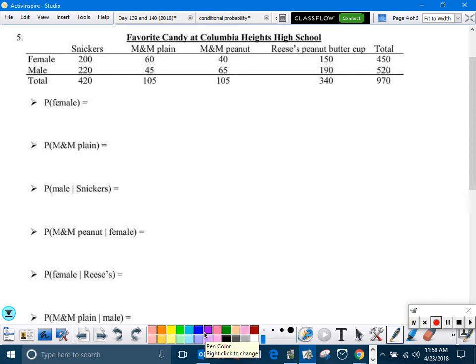So we're dealing with male and female and then their favorite type of candy: Snickers, M&M Plain, M&M Peanut, and Reese's Peanut Butter Cup. All right, so female. So how many female are in this survey? What percent are female? So we've got 450 that are female out of the 970.